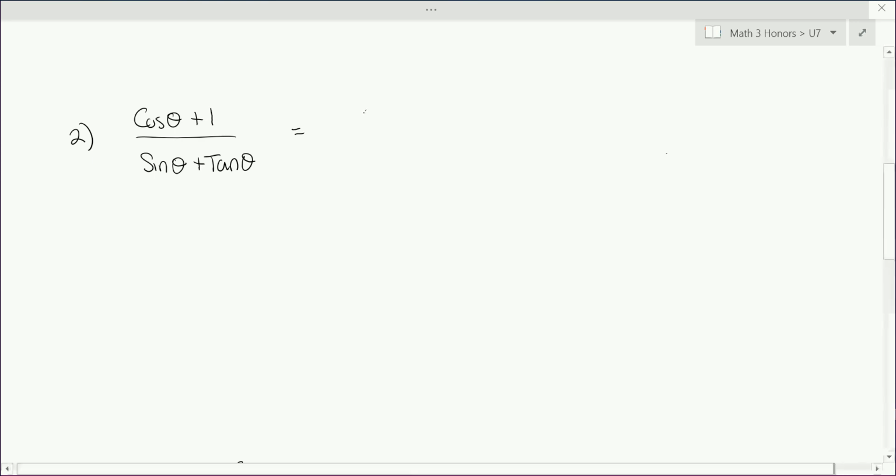Everything's fine? Okay. So cosine theta plus 1 over sine theta plus sine theta over cosine theta. That's the first thing? Okay. Now what? Chase? Okay.